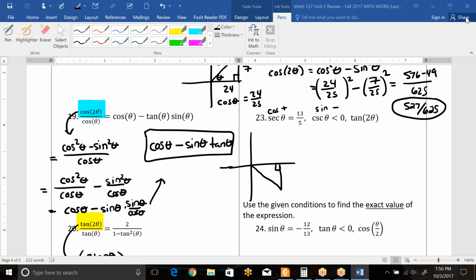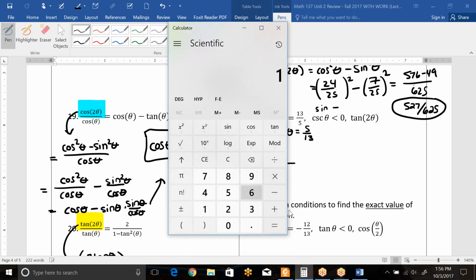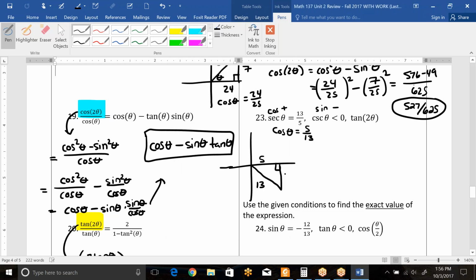Okay, and then we want to label our triangle. Now, they didn't give me cosine, so you have to be careful here. They actually gave me secant. I'm going to rewrite that as cosine by flipping it. So it's 5 over 13. So this is 5, this is 13, and then this is going to be a negative y, and it's 169 minus 25. So it's the square root of 144, so this is negative 12.